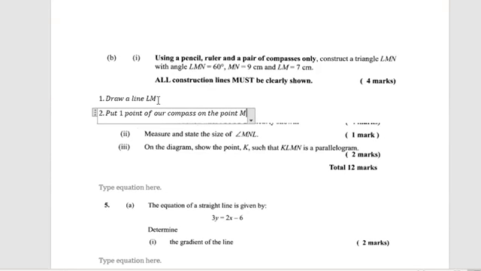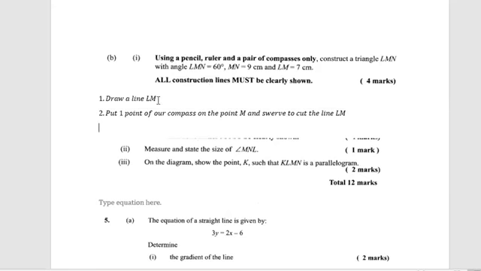Since this is angle LMN with M in the middle, this is where our angle of 60 degrees is being formed. So put one point of our compass on the point M and swerve to cut the line that was drawn.